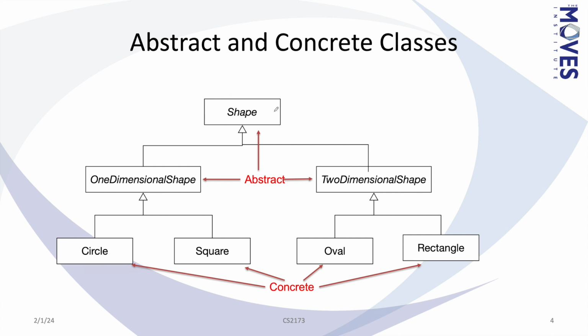So shape is abstract, and then they divide it into one-dimensional shapes and two-dimensional shapes. A little bit of a misnomer. They're all two-dimensional shapes, but what they mean is that a circle really only has one value.